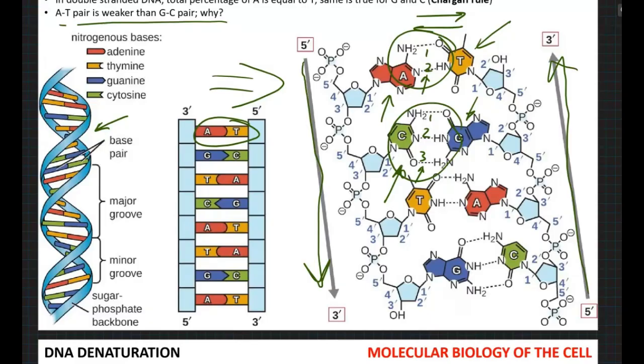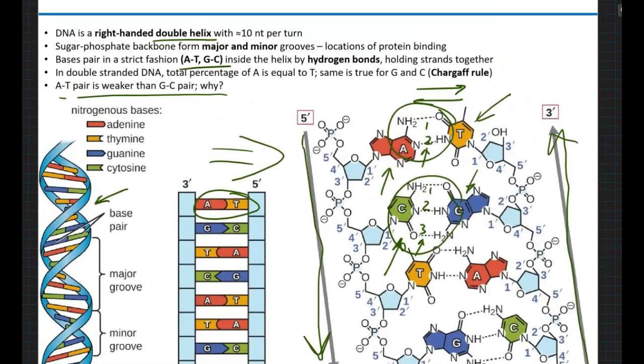Okay? Now, an interesting twist on how we humans recognized that DNA is a double-stranded helix came basically from five-ish scientists.